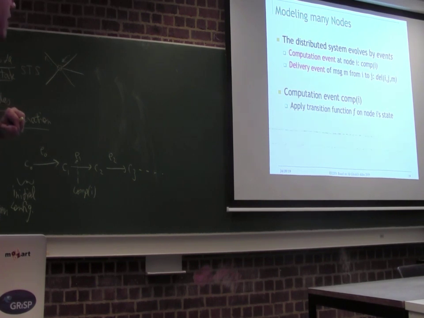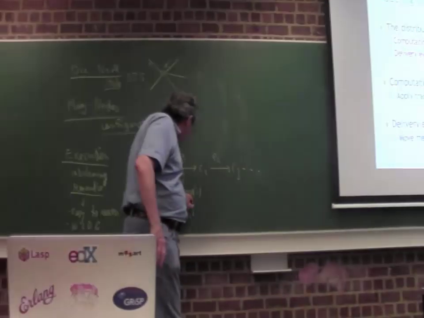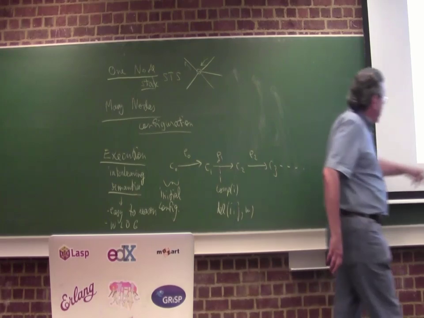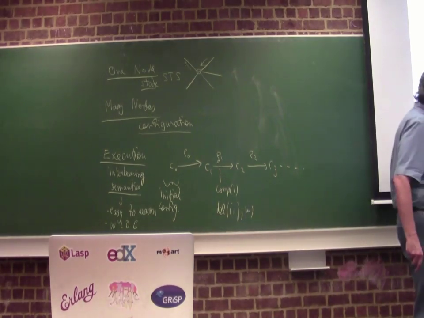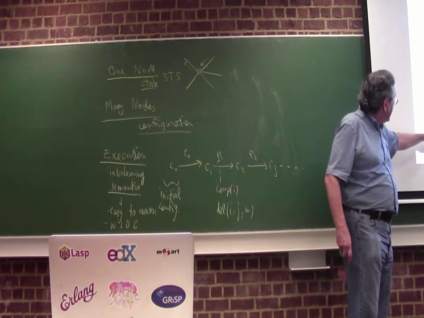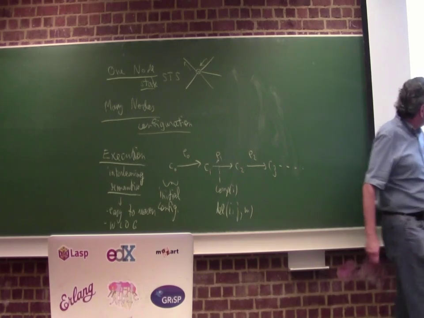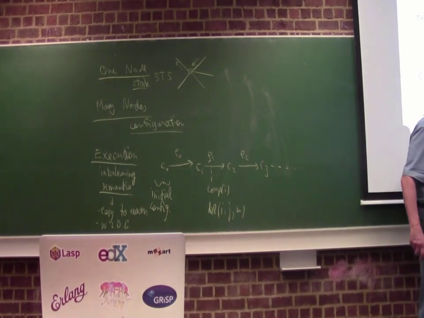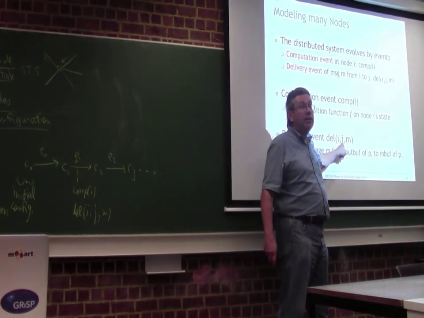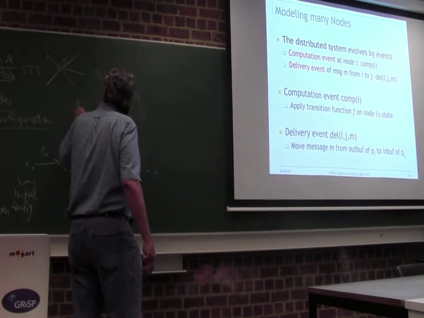And the other kind of event is one that I haven't mentioned so far. It's called delivery event. Del IJM. This is how you handle communication. This one will actually communicate between two nodes. It moves a message M from the outbuff of PI to the inbuff of PJ. So this is how messages are moving, okay?